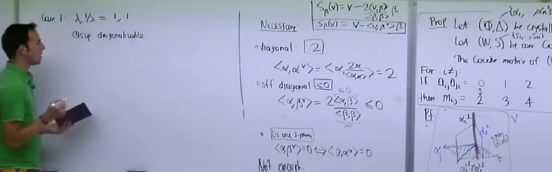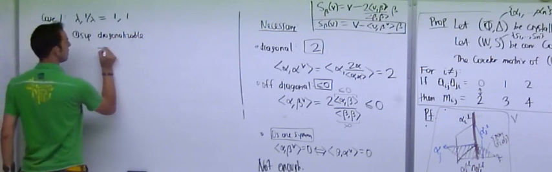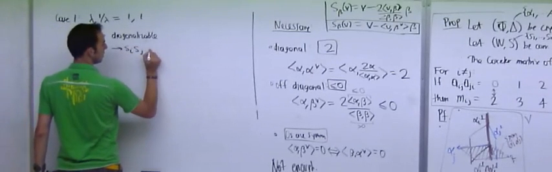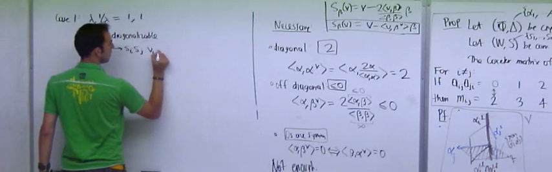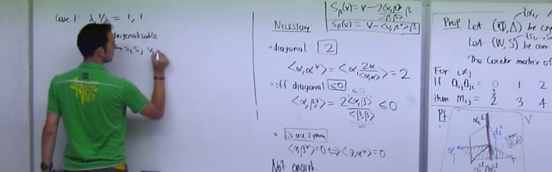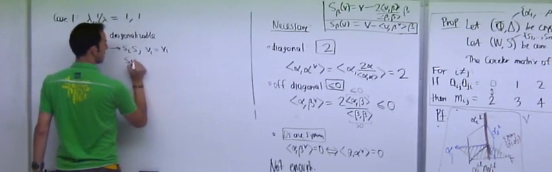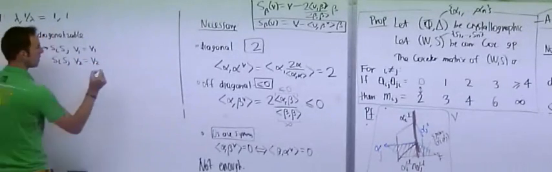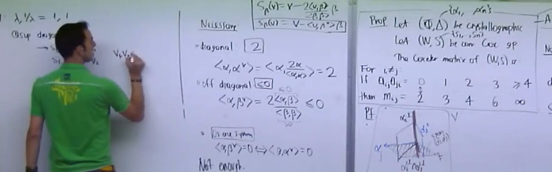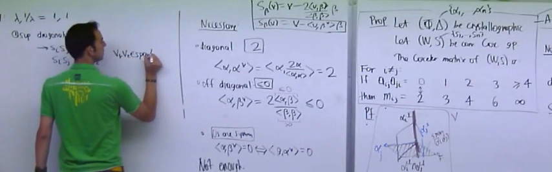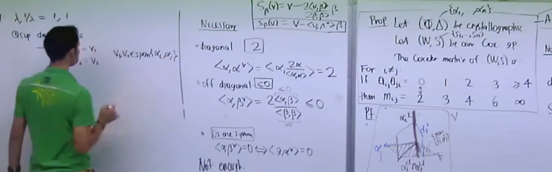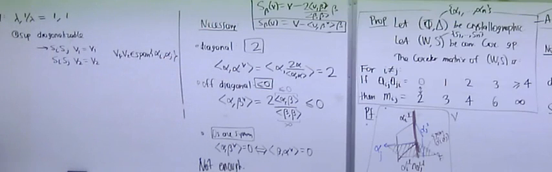Okay. What does that mean? It means that we can find two vectors, v1 and v2, such that Si Sj v1 equals v1, Si Sj v2 equals v2, for v1 and v2 in the span of alpha i and alpha j. Okay. And what do we conclude?